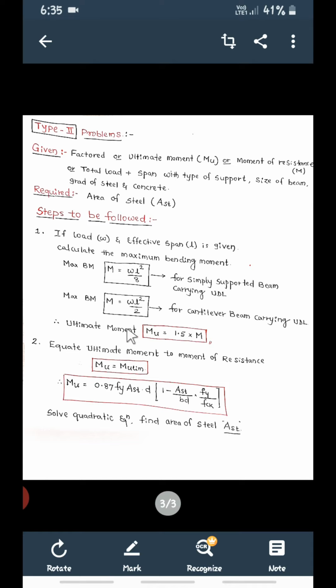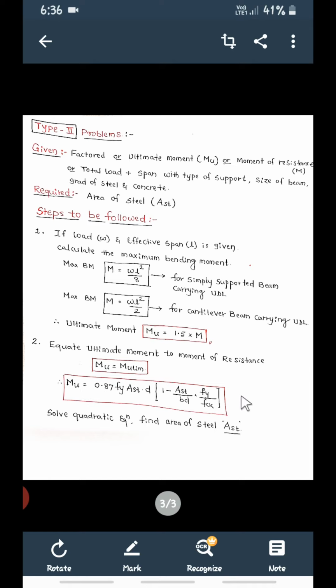So remember the two steps. If load and effective span are given, see whether it is a simply supported beam or a cantilever beam, and depending on that calculate M. Multiply this M by 1.5 to get the ultimate moment of resistance, Mu. Then equate Mu to Mu limit and use the formula.